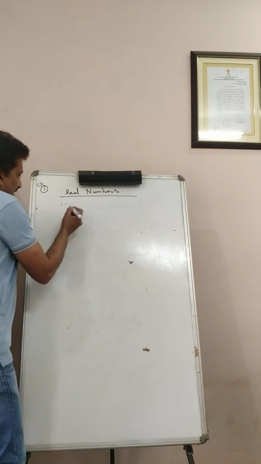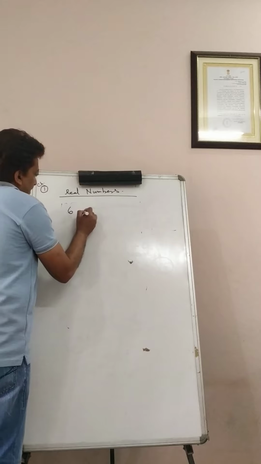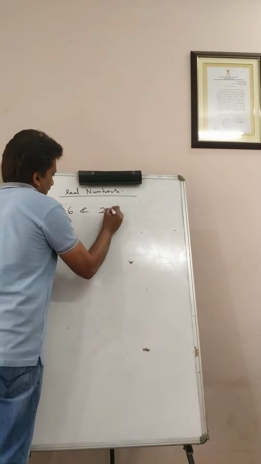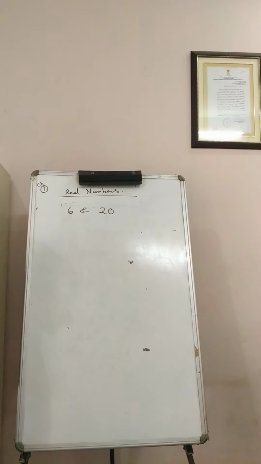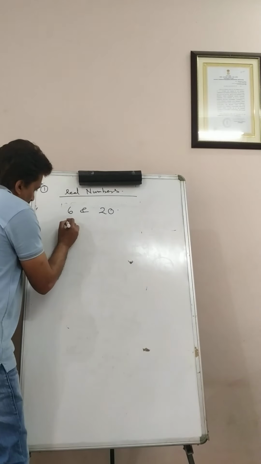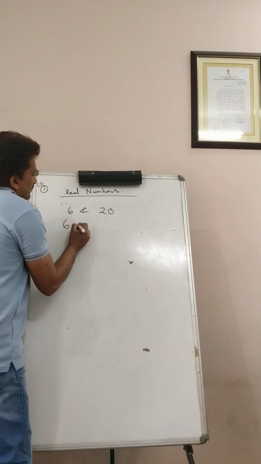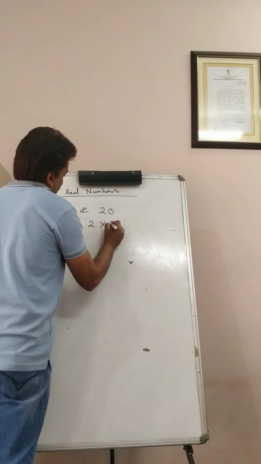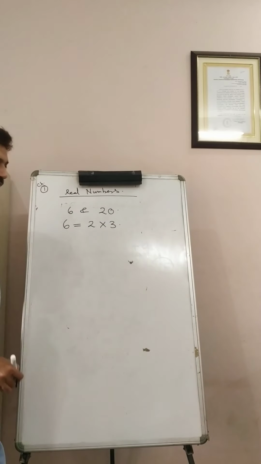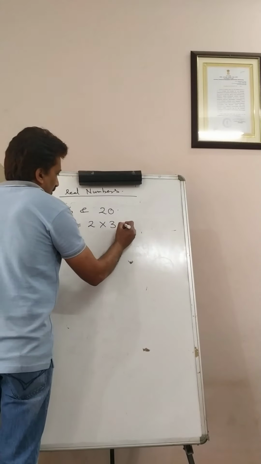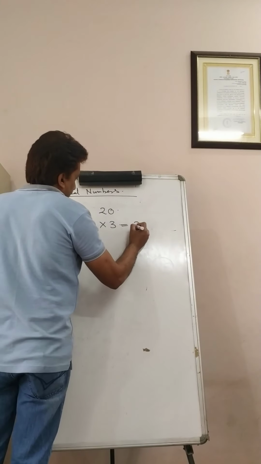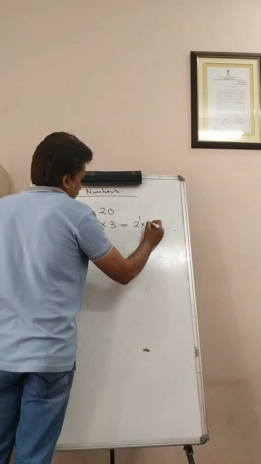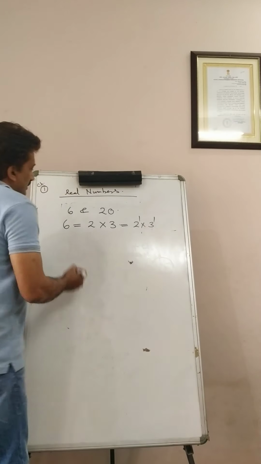Let us start with an example of the numbers 6 and 20. How will you find the HCF? First of all you will go for the factors of this one. 6 is 2 into 3, converted into the form of powers, exponents.